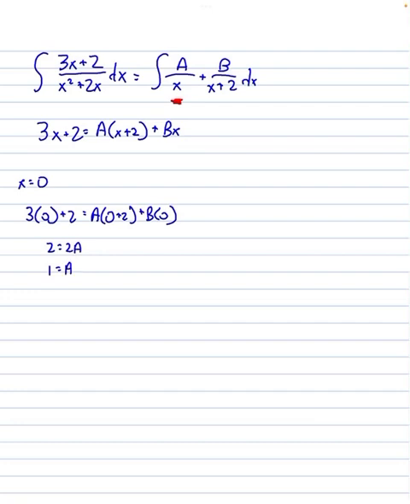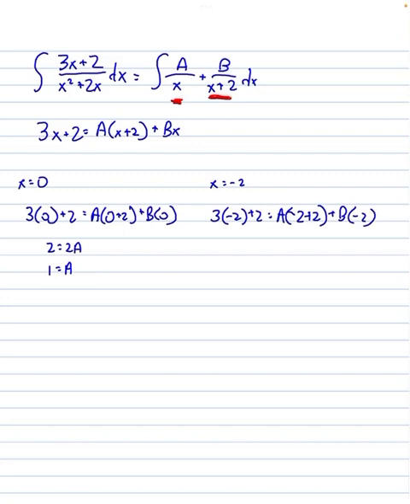Now on this other side, this denominator x plus 2, what will give us the zeros in this case? x is equal to negative 2. So we have 3 times negative 2 plus 2 is equal to A times negative 2 plus 2 plus B times negative 2.